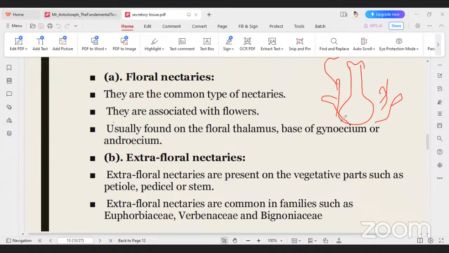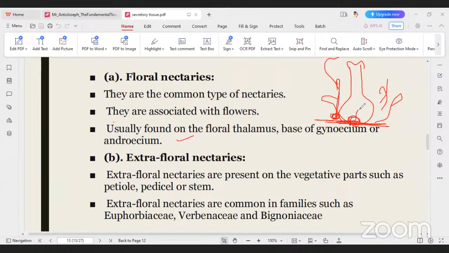Usually found on the floral thalamus. This is where the ovary originated or is positioned, situated. That is called thalamus. So usually the floral nectary is on the floral thalamus, at the base of the gynoecium or also the base of the androecium. So the floral nectary is located at the base of the androecium or the base of the gynoecium.